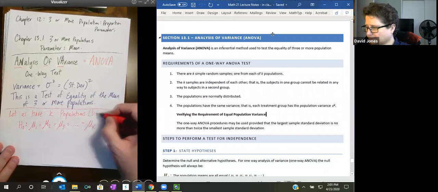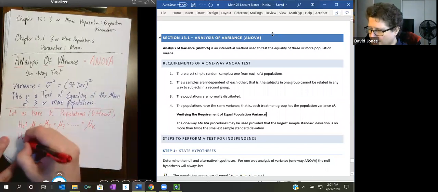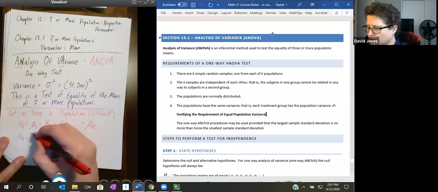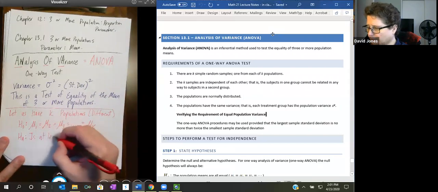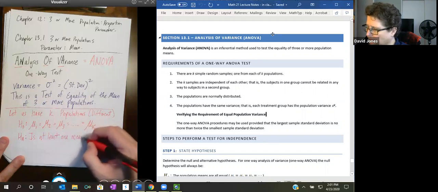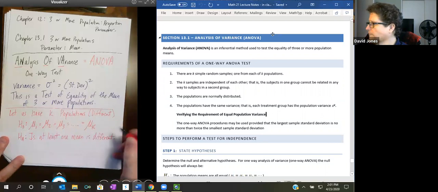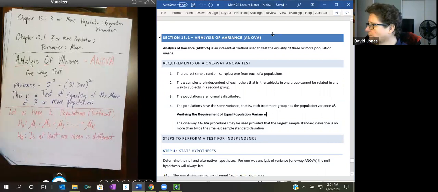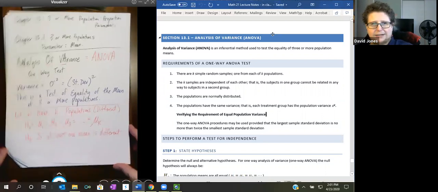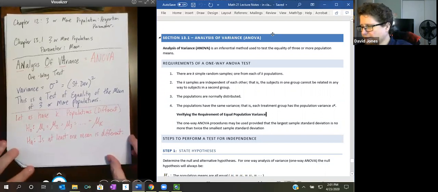They're all different. And the alternate hypothesis is at least one mean is different. Okay. That's how the test goes. All the other steps stay the same.